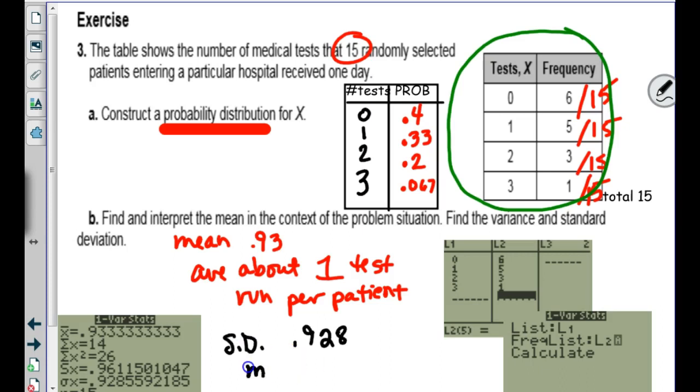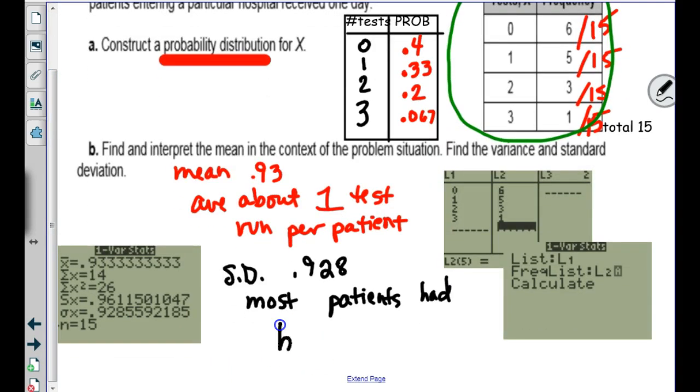And all that really means is most patients had between, okay, if we went from 0.933 and we went 0.928 one way, we'd be basically at 0, right?